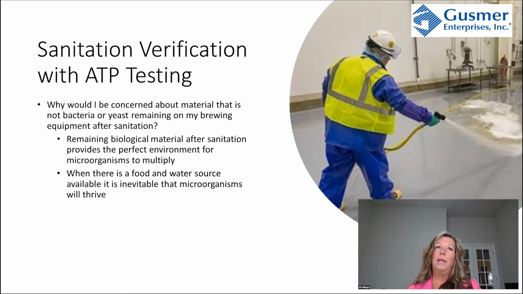Well, because any remaining biological material after sanitation provides the perfect environment for microorganisms to multiply. When there is a food and water source available, it is inevitable that microorganisms will thrive.